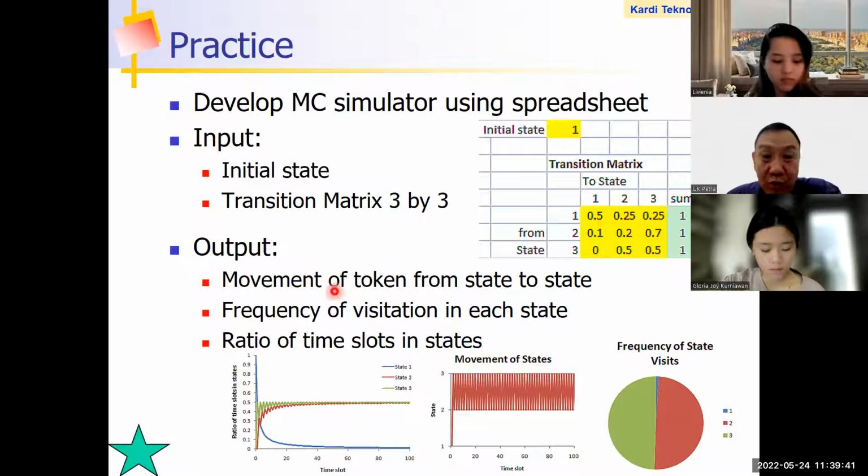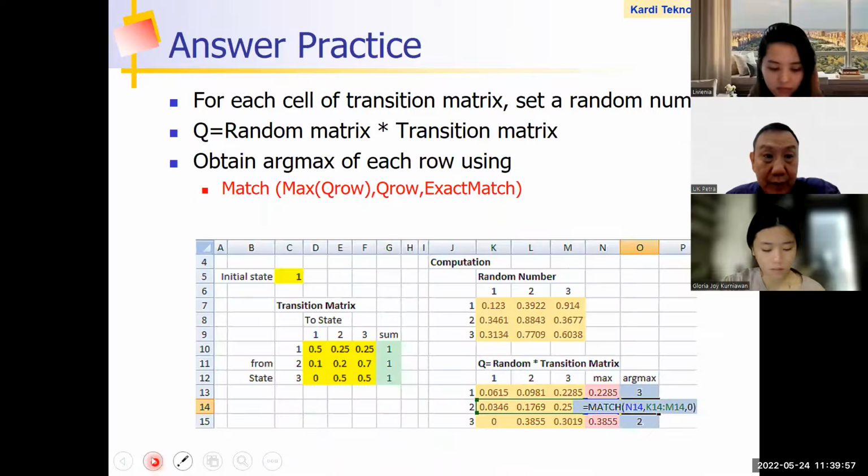Then you can move the token from state to state, and eventually you can see how many times it visits each state and so on. These are the movements of the state. I give the formulas in the slide so you can also do it on your own.